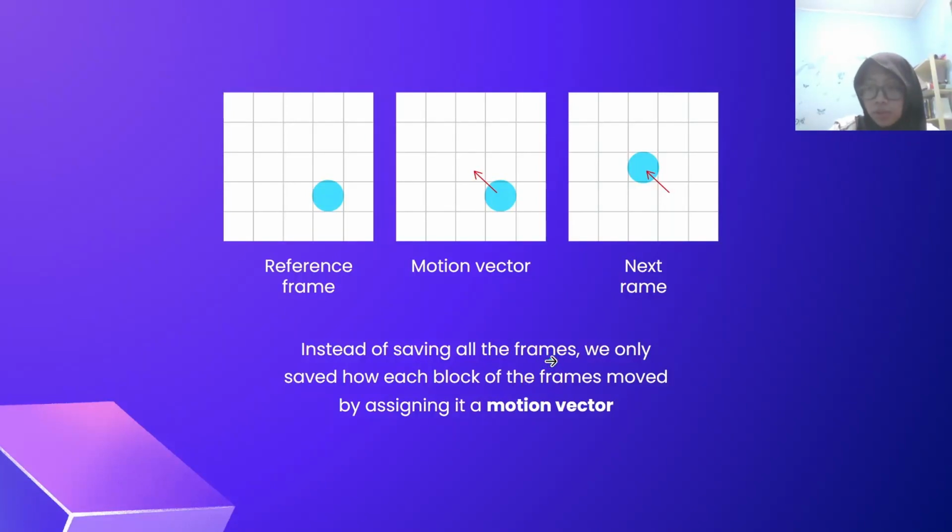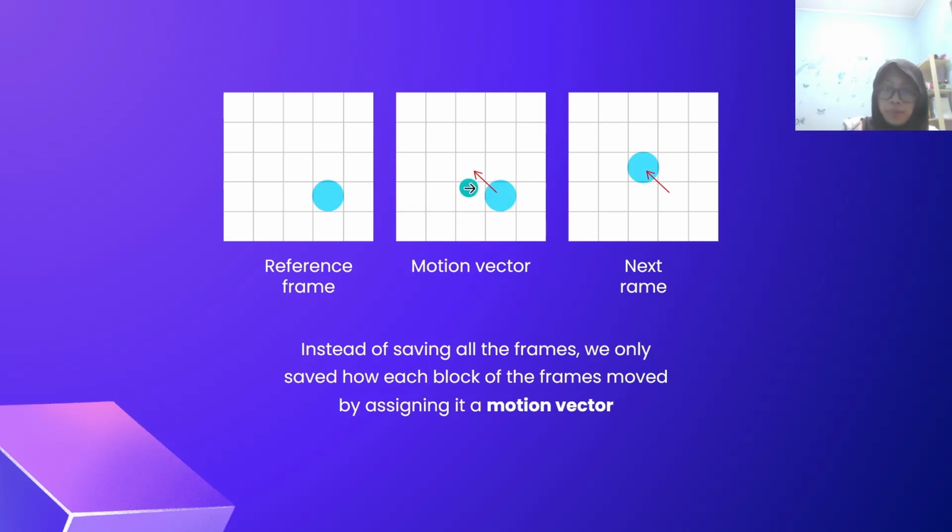How motion compensation works is, you know how in a video some parts of the frames move and some don't? We can track these differences between the frames by tracking where they go in each frame. We can have a reference frame, and for the next frame, we can assign a motion factor for where that object moved.